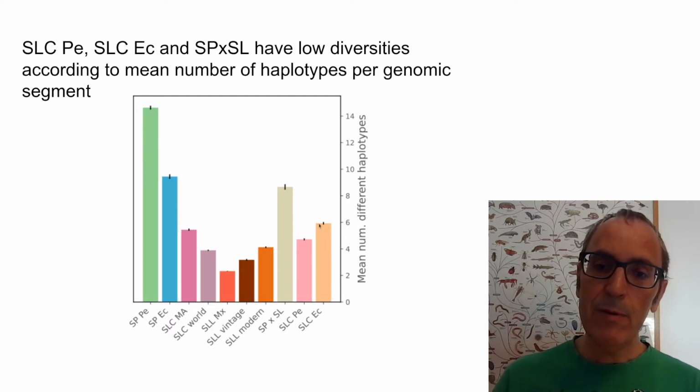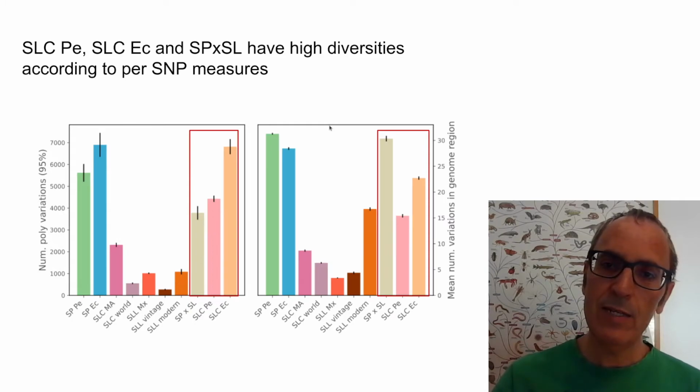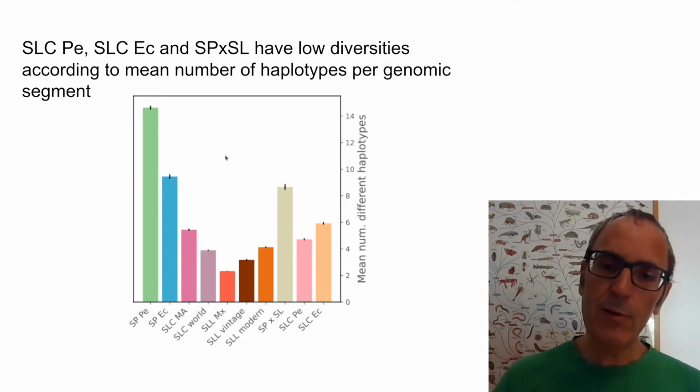If you remember, when we calculated the number of polymorphic markers, Cerasiforme from Ecuador had very high diversity. You see, here. But when we calculate the mean number of different haplotypes, it's quite similar to Cerasiforme from Mesoamerica.